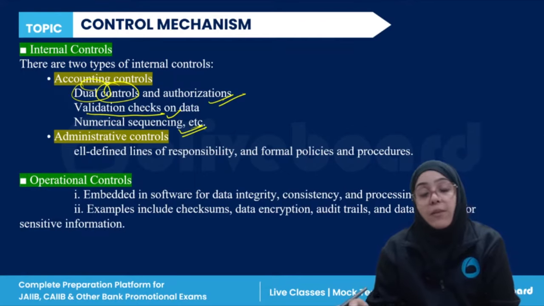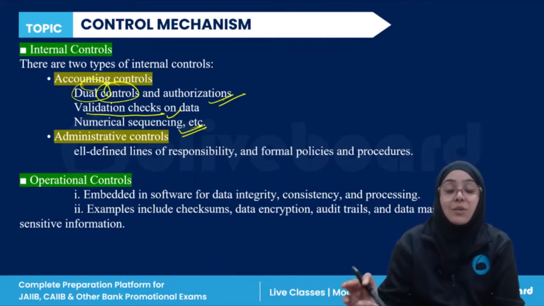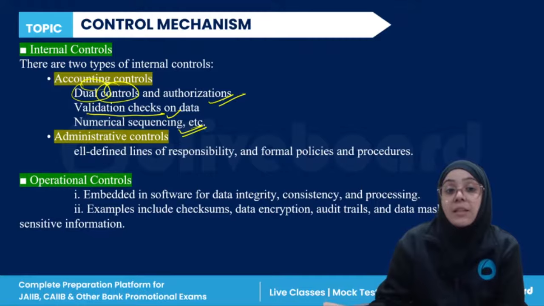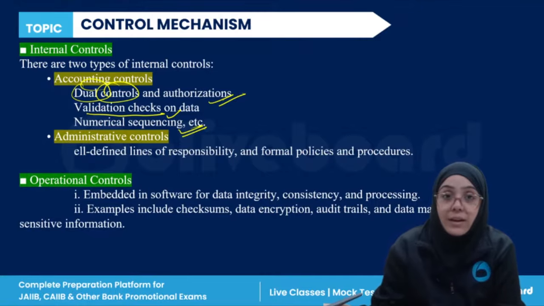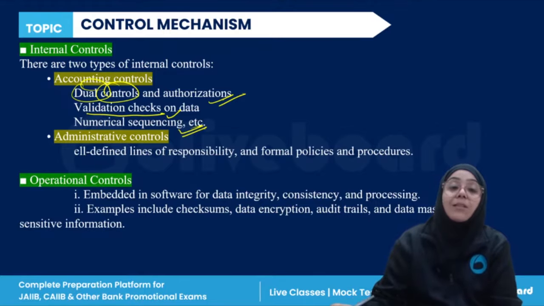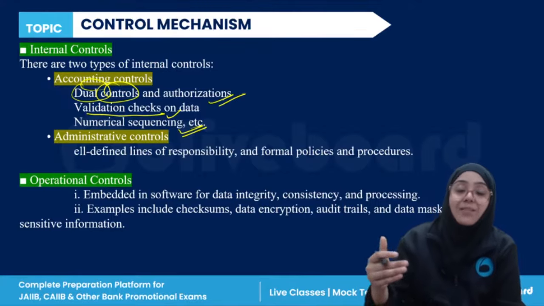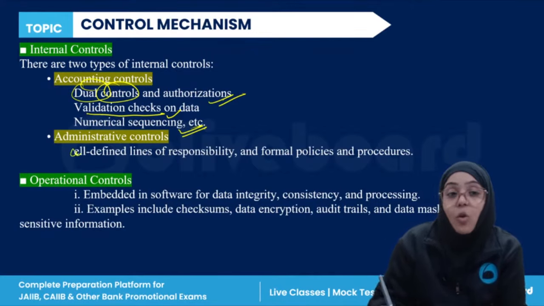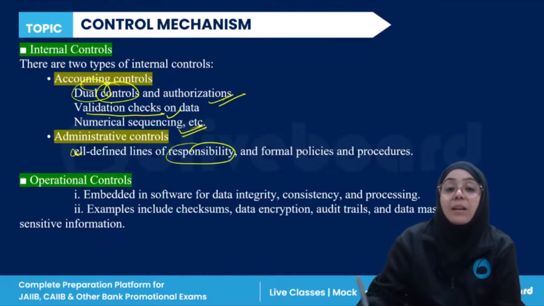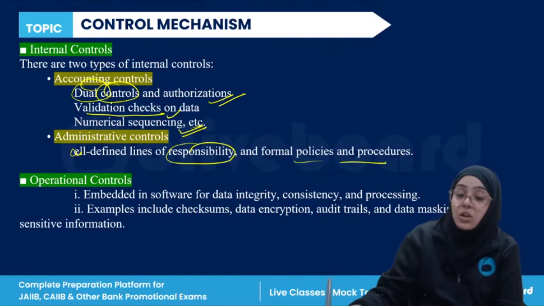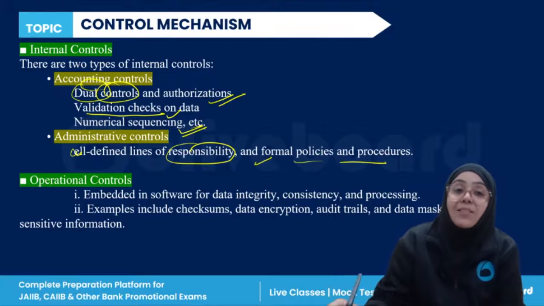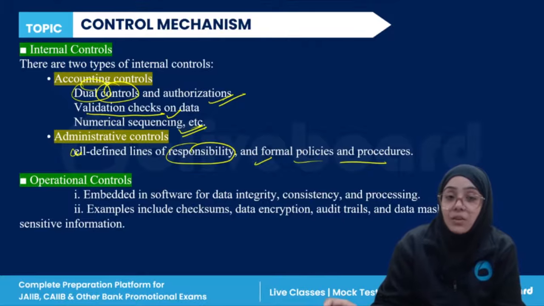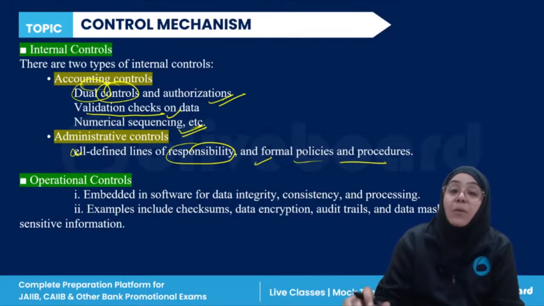So these are all accounting controls. Whereas administrative control means all defined lines of responsibility and formal policies and procedures. Whatever formal policies and procedures there are, you should have well defined lines for them, right?